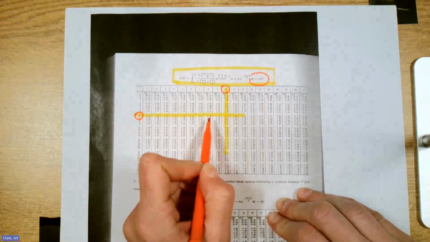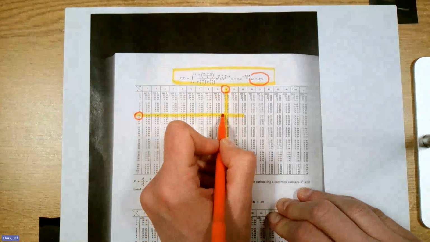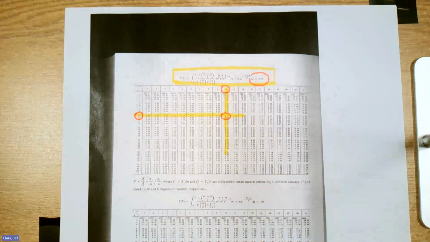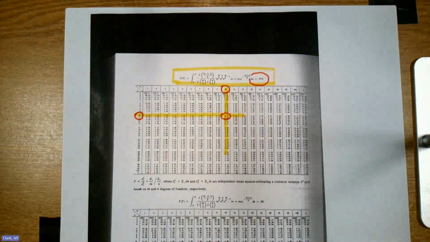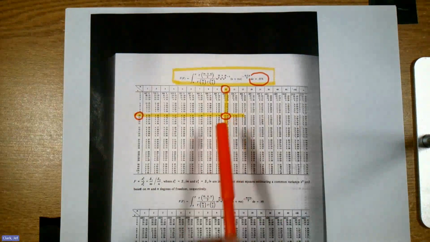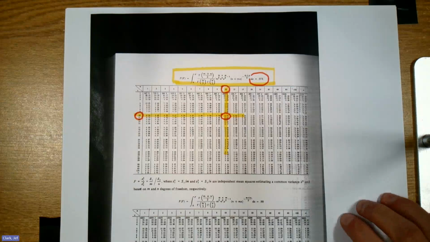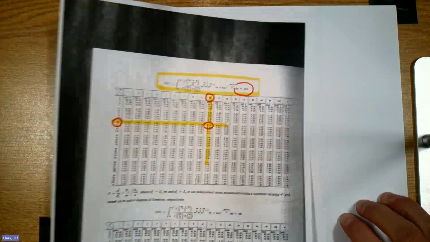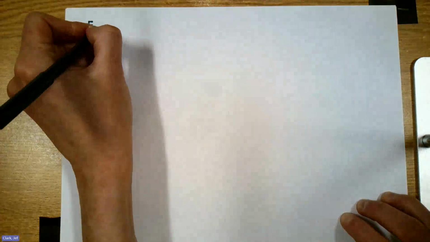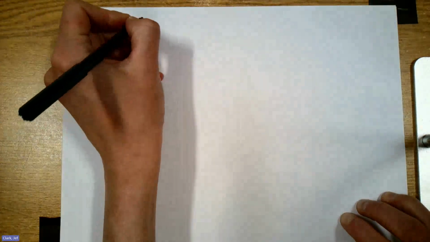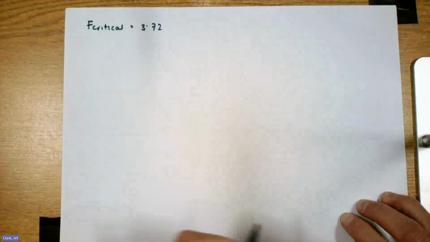And I've already highlighted this. We read along and we read down and we find our F critical. In this case, what this little table says is that my F critical is 3.72. So we can just write that down. F critical equals 3.72.